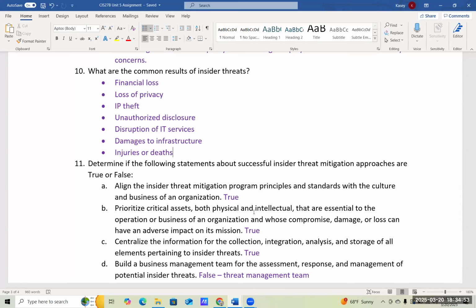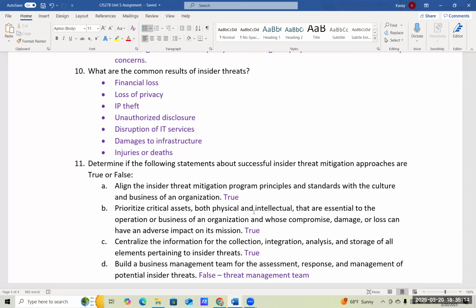So true for B. Then C, centralize information for collection, integration, analysis, storage for all elements pertaining to insider threats. Yes, that's true. So what does this mean? We want to make sure that when we have information about insider threat, we collect it, right? The data about behavior, activities, etc. And then we want to integrate and analyze it.